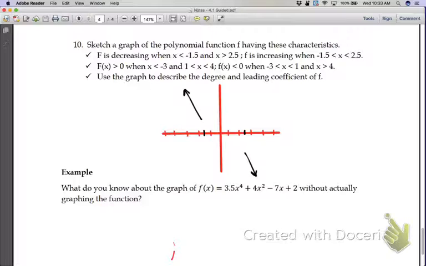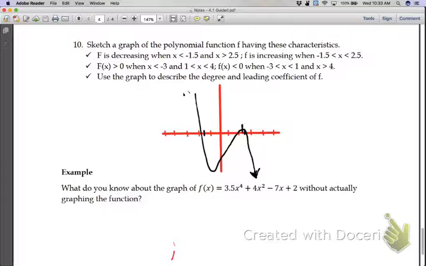Now, one thing I would tell you, make sure that whenever you draw this, that my turnaround point has to be at those spots or pretty darn close.